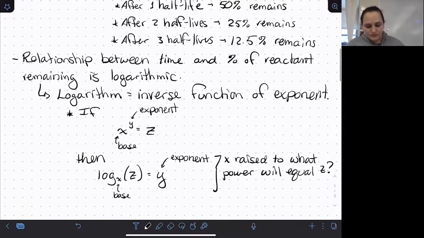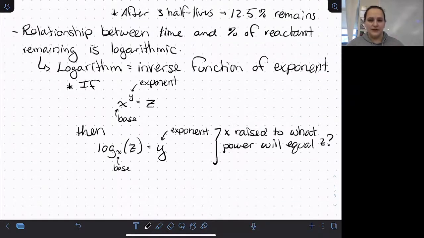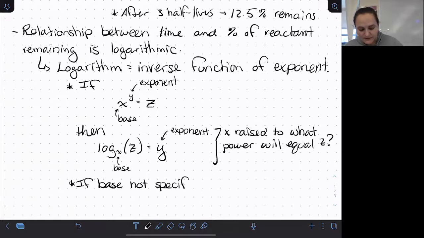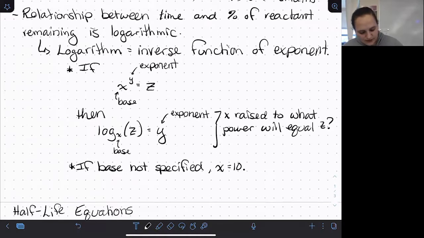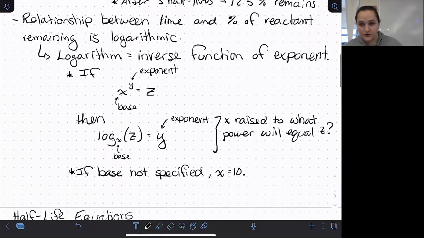So the most common and probably the easiest type of logarithm to think about is base 10, where x is equal to 10. And these are so common that if the base is not specified, it is 10. So, for example, let's look at some that you probably can do in your head.